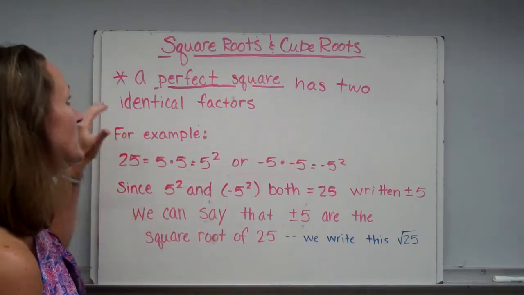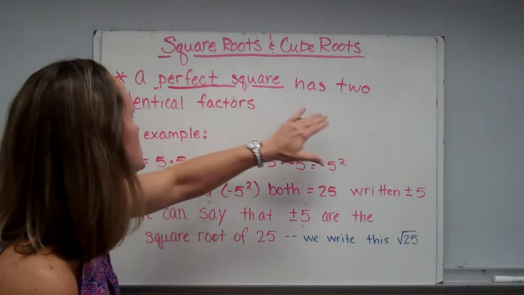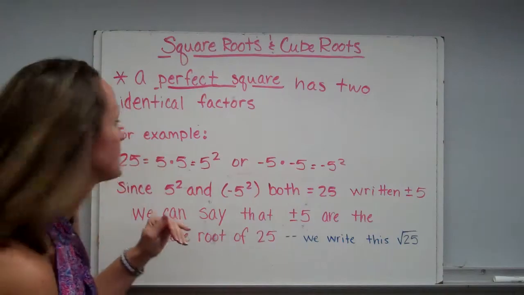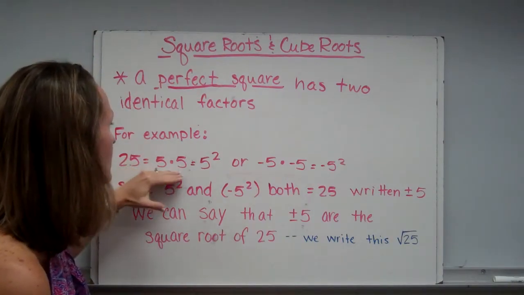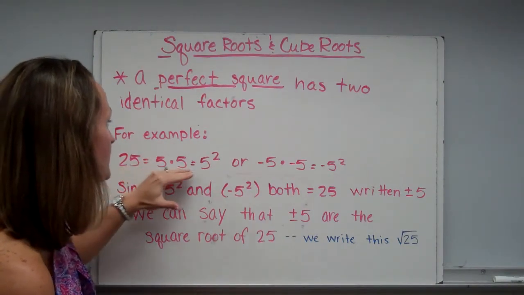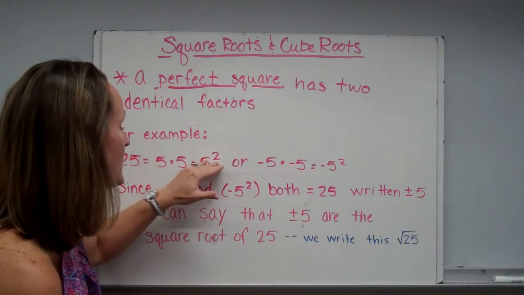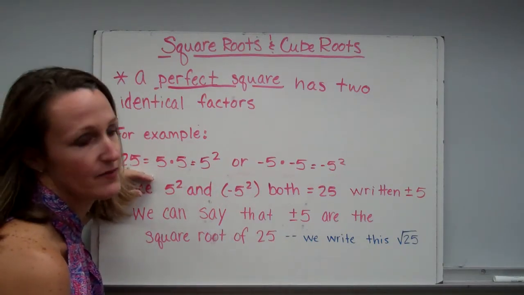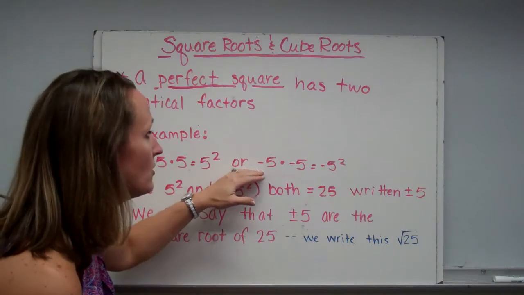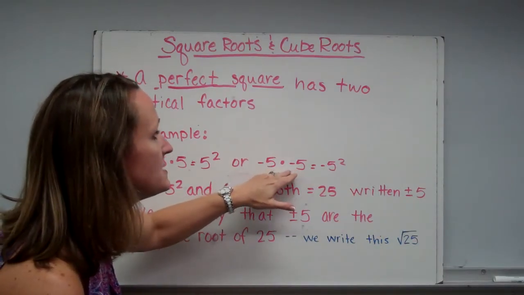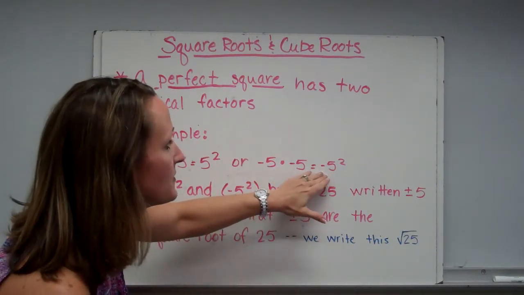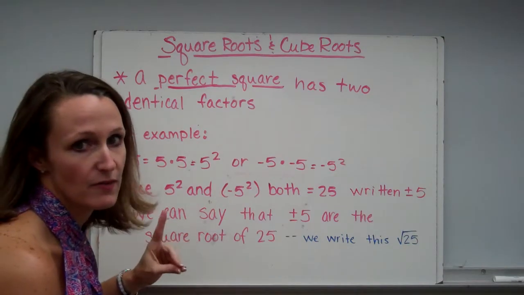So we know that a perfect square has 2 identical factors. For example, 25 is the perfect square of 5. So 5 times 5, or 5 squared, equals 25. Also, negative 5 times negative 5, or negative 5 squared, equals 25.